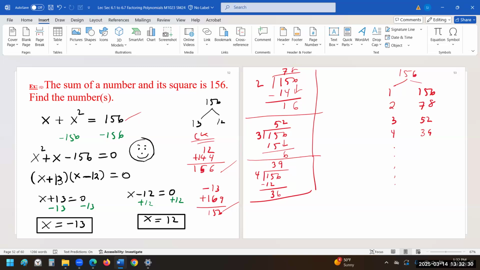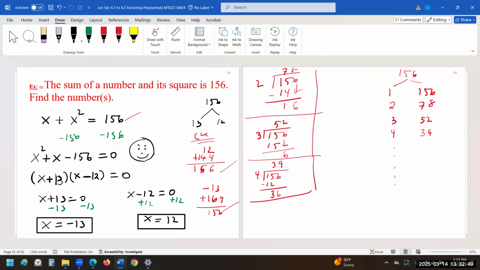When you see 156, you definitely know it's divisible by what number? 2. Anything else? Also by 3, right? Because 15 and 6 are divisible by 3. So you go to any one of them. For example, in my case, I can easily see it's divisible by 3. If it's divisible by 3, you don't have to break down 3 because 3 is prime.